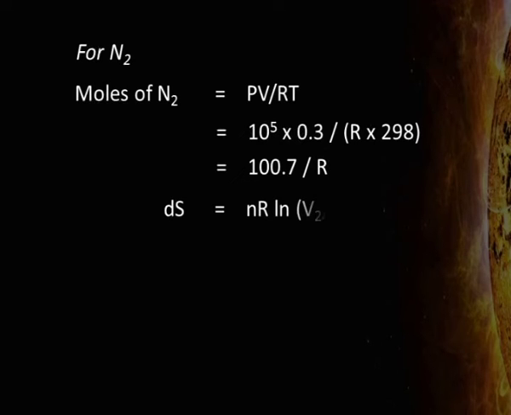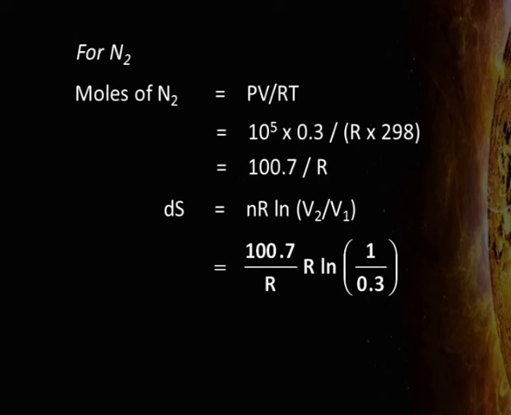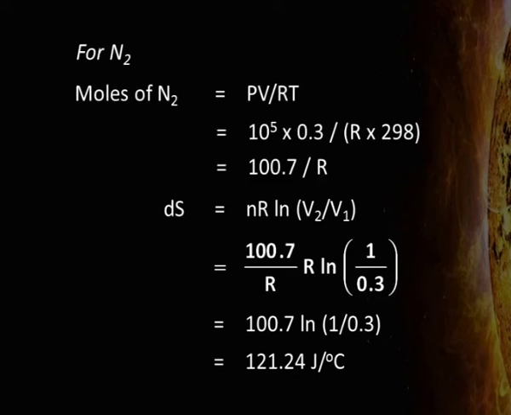Now, dS will be equal to nR natural log V2 divided by V1. Therefore, dS will be equal to 100.7 divided by R multiplied by R natural log 1 upon 0.3, which we will get 100.7 natural log of 1 divided by 0.3, which is equal to 121.24 joules per degree Celsius or joules per Kelvin.